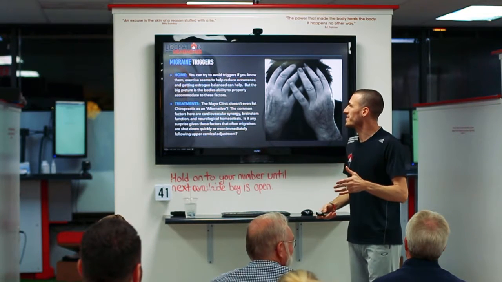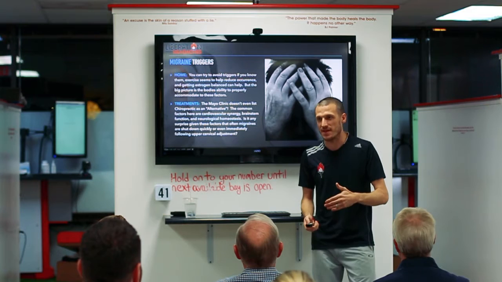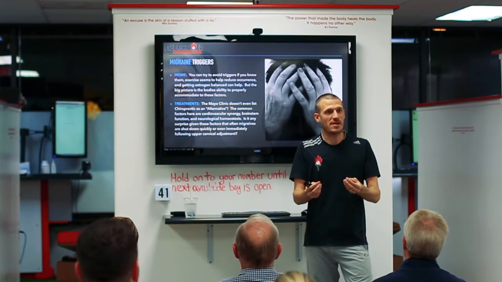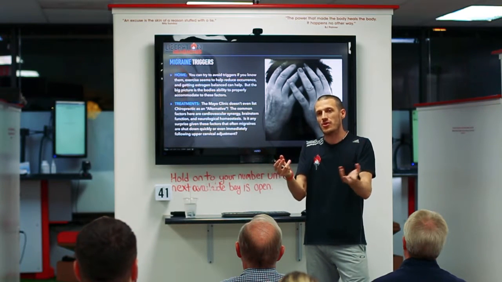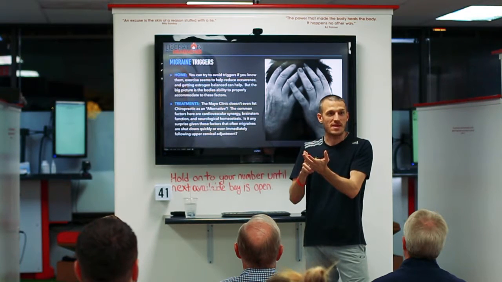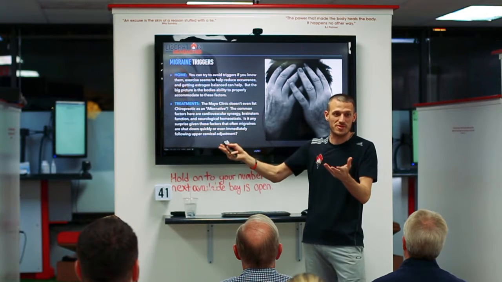But the big picture is the body's ability to properly accommodate to these factors, right? It doesn't take a lot of headroom to look at this and say, okay, we know all of these triggers are neurological. It's all activating the nervous system. And the going advice is to avoid the triggers.